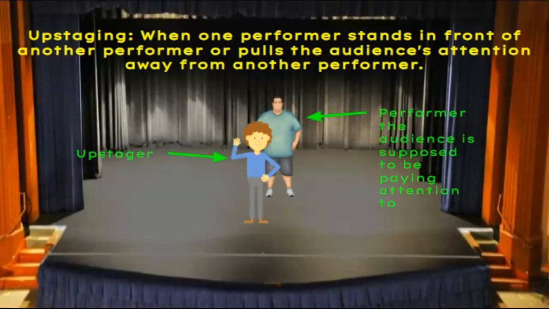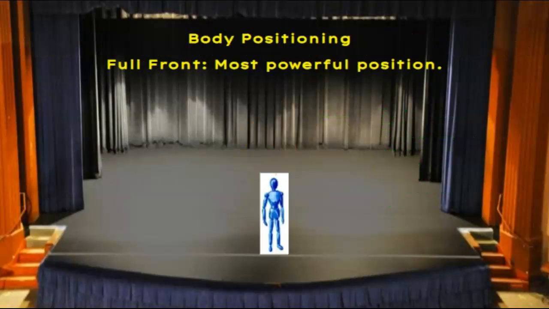There are times when the director will tell a performer to upstage another performer intentionally, but that should only be done if the director tells you very specifically to do so. Generally speaking, upstaging is not cool. The other performers on stage will not appreciate it.